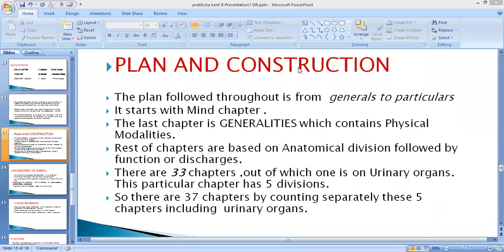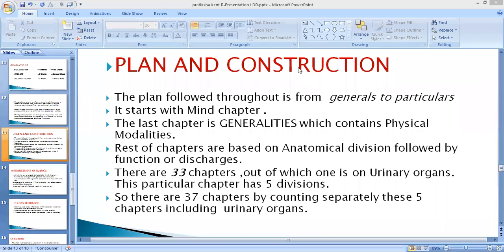After mind, there is vertigo, then head, then eye, then vision, ear, hearing, nose, face, mouth, teeth, throat. After throat, there is external throat section, then stomach, abdomen, rectum, stool, then urinary organs with its subdivisions, that is bladder, kidney, prostate gland, urethra, and urine.